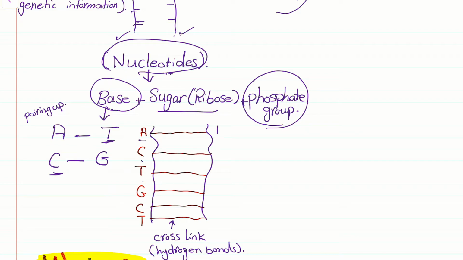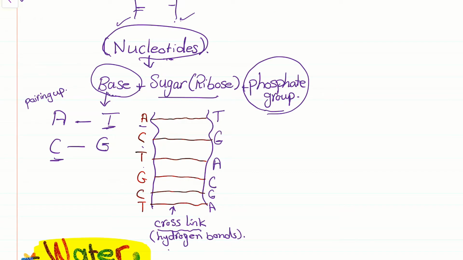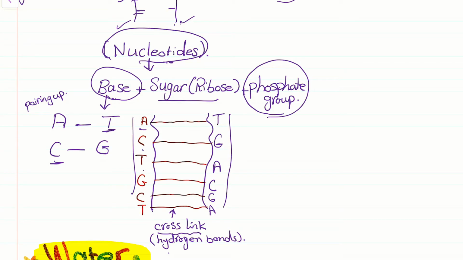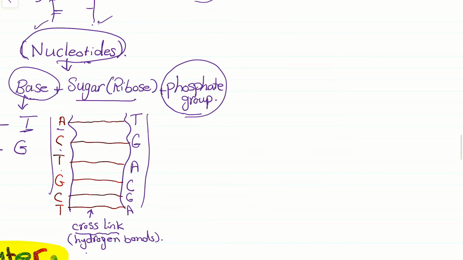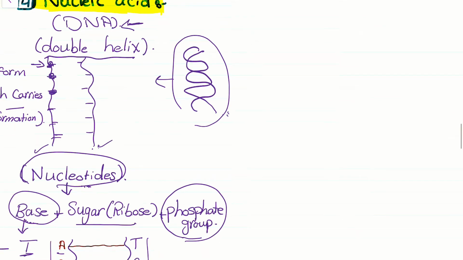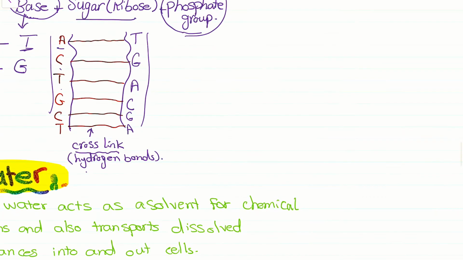So A pairs with T, G, yes, A, C, G and A, and in between them we have cross-links. These cross-links are mainly hydrogen bonds. Okay, so after pairing of the 2 strands, it twists to give the shape of DNA.